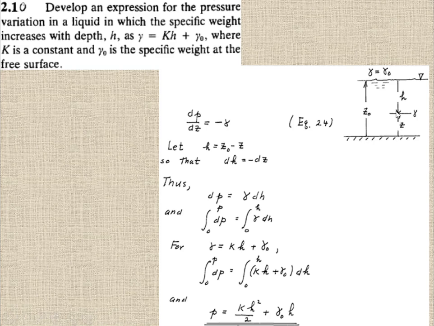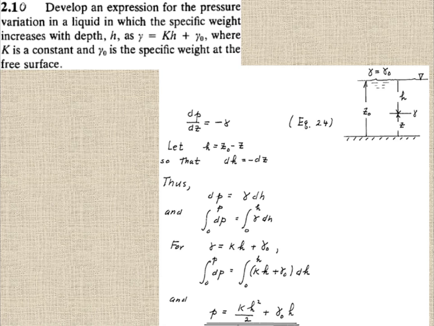Since the specific weight of the fluid is varying with respect to height, at height h the specific weight is gamma. If you come further down, the specific weight will be gamma 1, gamma 2, gamma 3, because the specific weight is a function of height. As the height changes, the specific weight of the fluid also changes.